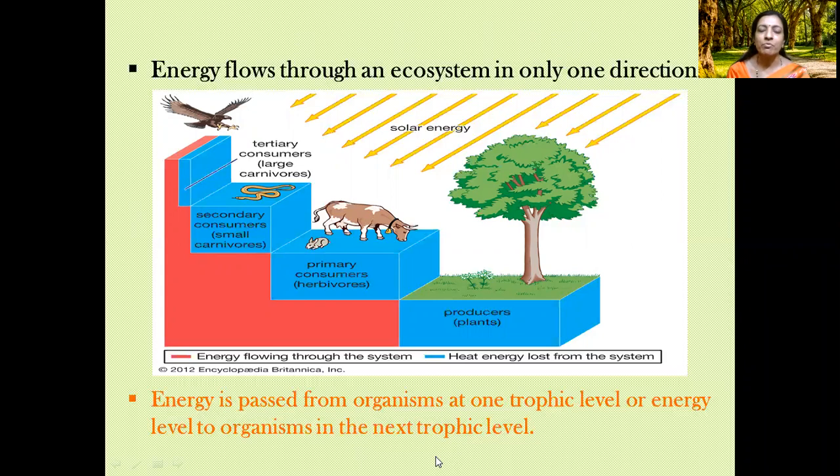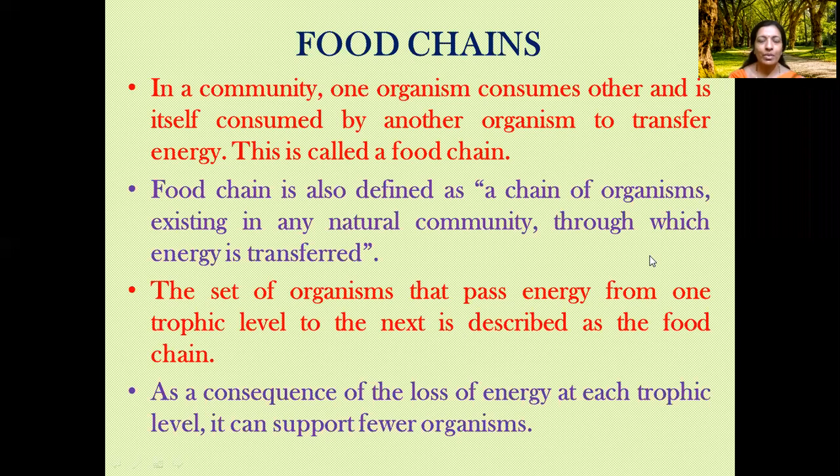From the diagram which you can see on your screen, it is very obvious how the producers, that is plants, become the source of food and energy for the primary consumers, who in turn become the source of food and energy to the secondary consumers and in turn to the tertiary consumers. So in this way, energy flows in a single direction and from one trophic level to the other.